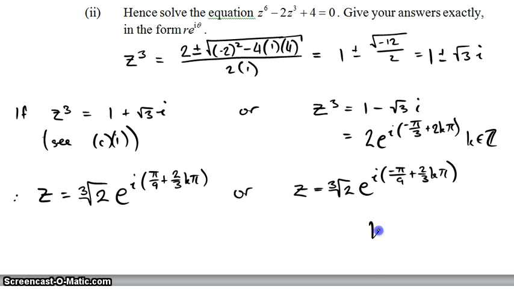But either way, k is going to have the same three values, minus 1, 0, and 1. And so that is our answer.